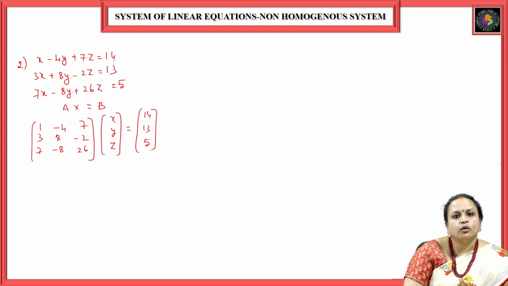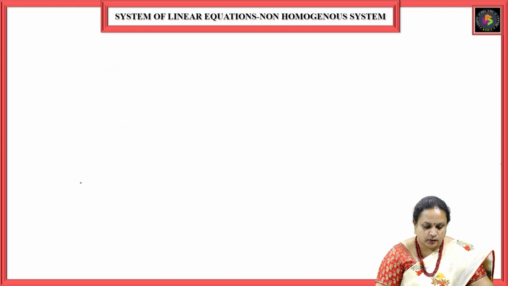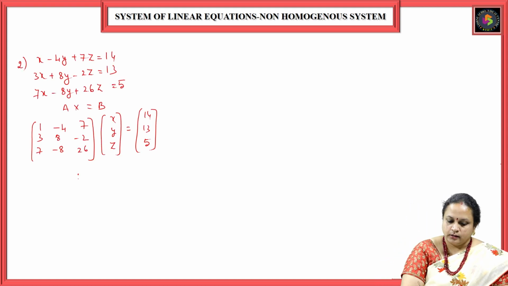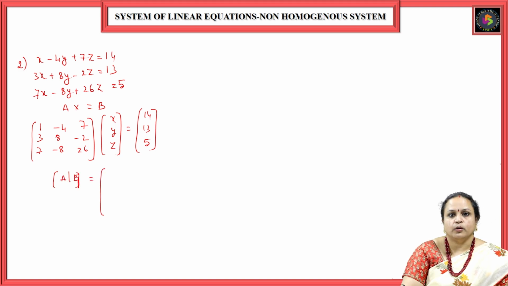Now write the augmented matrix, that is matrix A along with the matrix B. Let us write the augmented matrix. This is the augmented matrix.